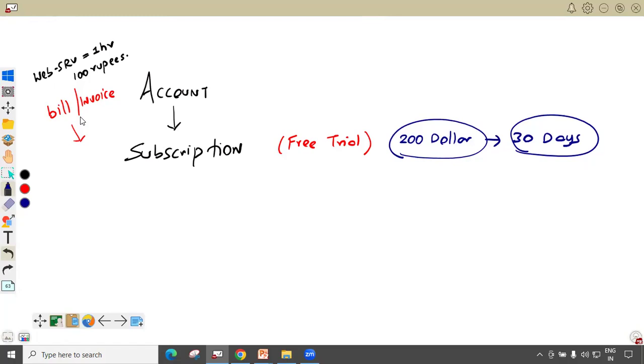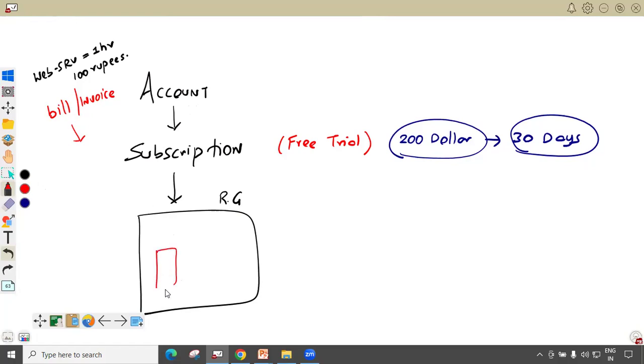Now, coming to our point, so account, subscription, and then inside the subscription, what is there? Inside the subscription, the resource group is there. Resource group is a logical container for resources. And inside this resource group, you have your resources like your server, storage, load balancer, network, public IP, a lot of different kinds of resources are there.